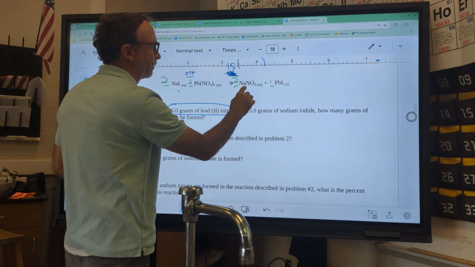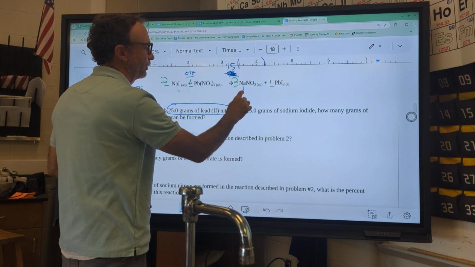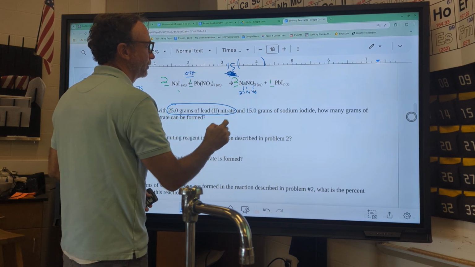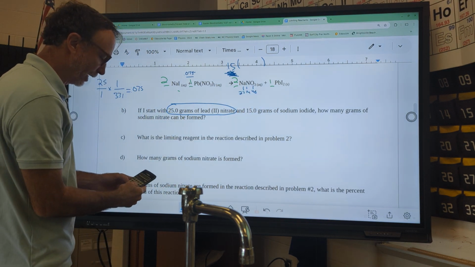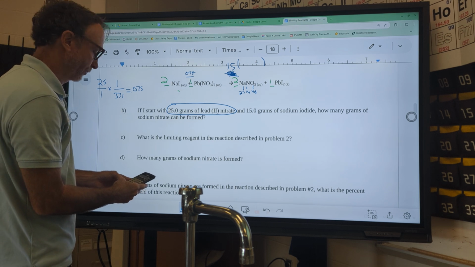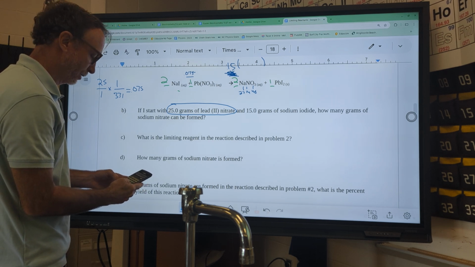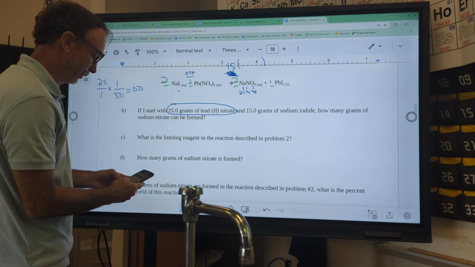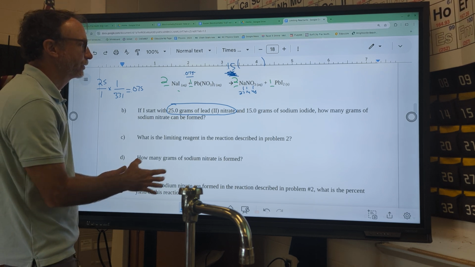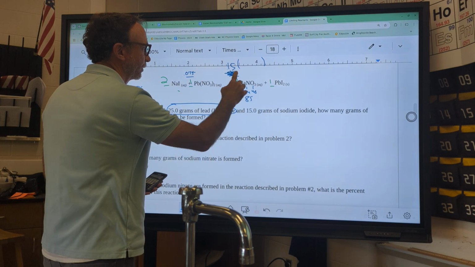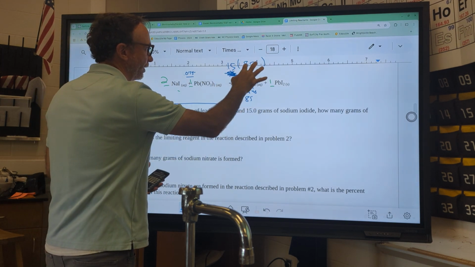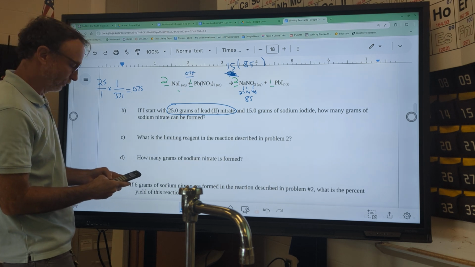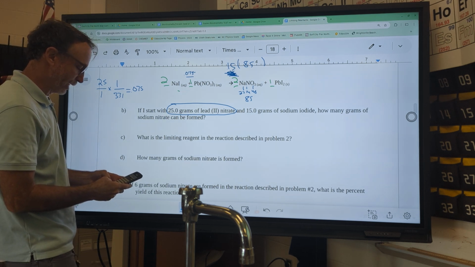0.15 times, let's add this up. 23 plus 14 plus 48. So this weighs 85. 0.15 times 85 equals, I think it's 12.8.